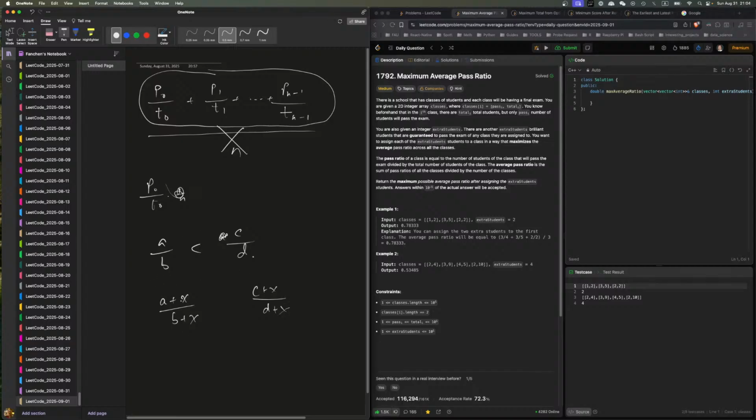So in this case, what I want to know is (A plus X) over (B plus X) minus A over B. What's the relationship compared to (C plus X) over (D plus X) minus C over D? That's what I want to know. If it's better to do it this way, then we just add it here. If it's better to do it this way, we add it there.